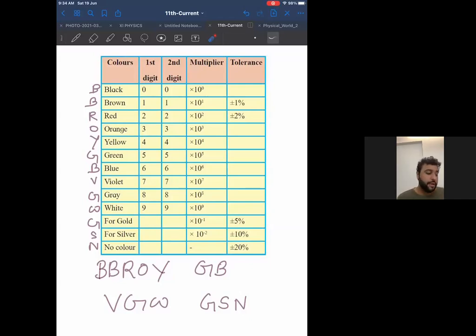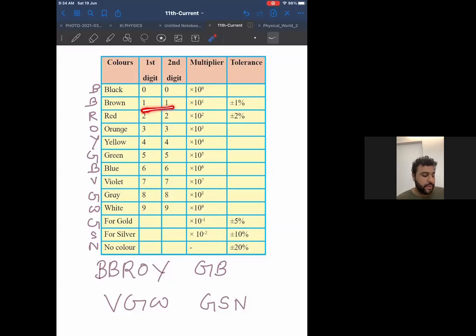Now, you have to go to the fourth column. The fourth column is called multiplier. It is very simple. Since it is multiplier, every number starts with into 10 power something. If the number is 0, your multiplier will be into 10 power 0.